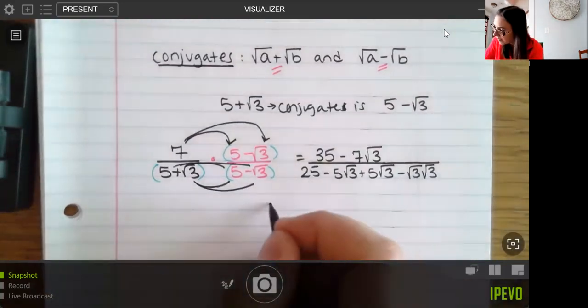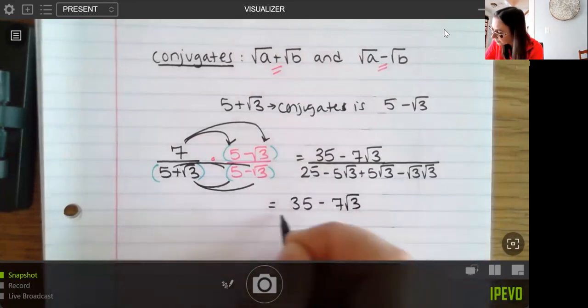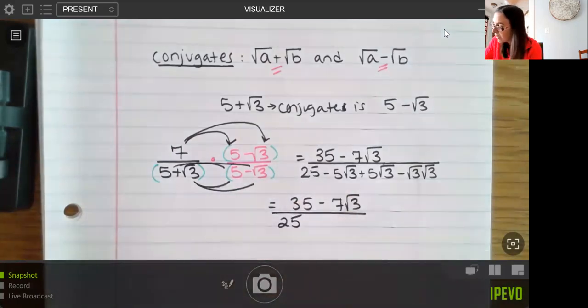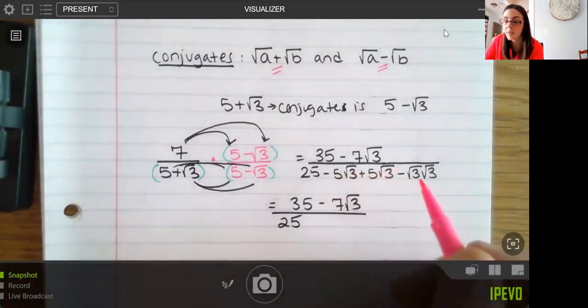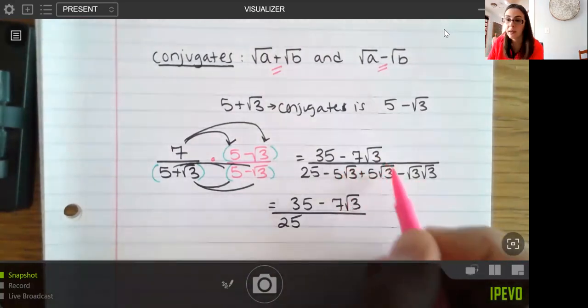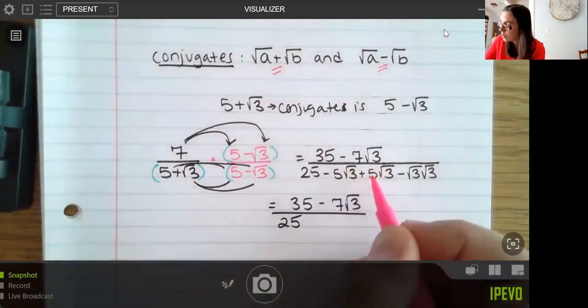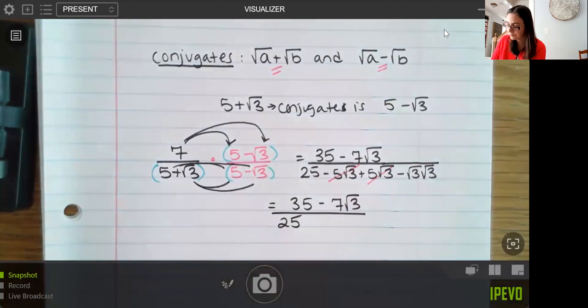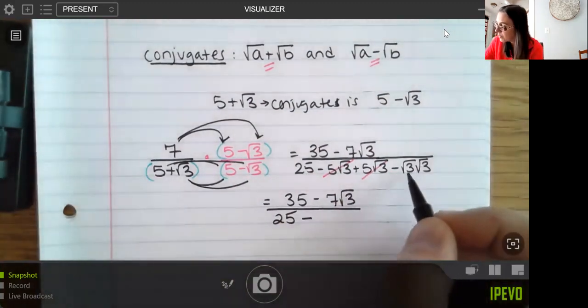So cleaning this up, I have 35 minus 7 root 3 in the numerator. I have a 25 here. Notice that negative 5 root 3 and positive 5 root 3 are going to cancel, because they're the same kind of root, we can combine them. And negative 5 and positive 5 give you 0, so those are going to cancel out completely. And then what happens here, I have root 3 times root 3.